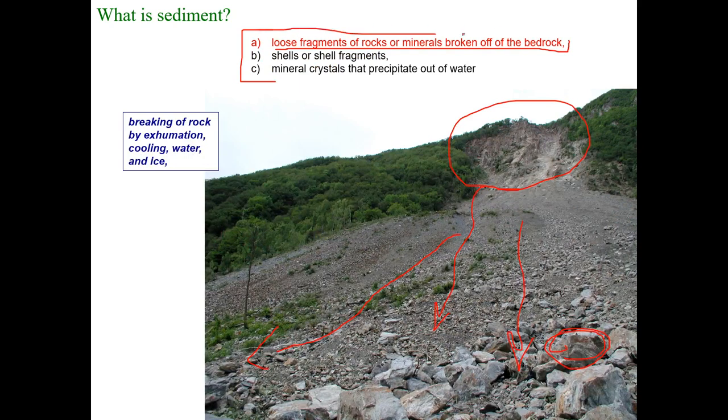All that word weathering means is any process that breaks rock into smaller pieces. By the way, there's a word for this stuff. I forgot, I should have mentioned this. This is called clastic sediment. Clastic. You should write that down and memorize that word. It's a very important word. Clastic sediment.